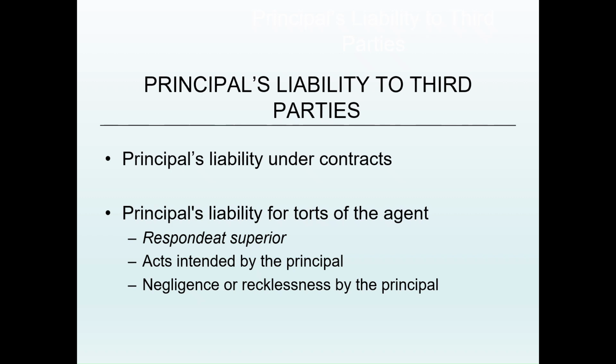And under the doctrine of respondeat superior, an employer is responsible for the torts committed by his or her employee while the employee is acting in the scope of his or her employment by the principal. They're acts intended by the principal, which is why we have the principal's liability when they are intended acts. They've been instructed, for example, and where the negligence or recklessness by the principal is a factor to consider.